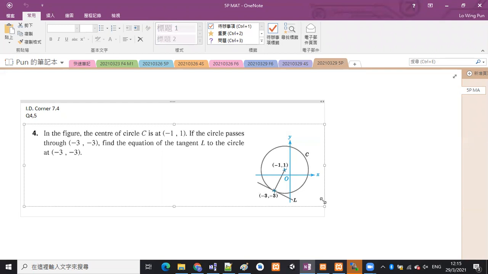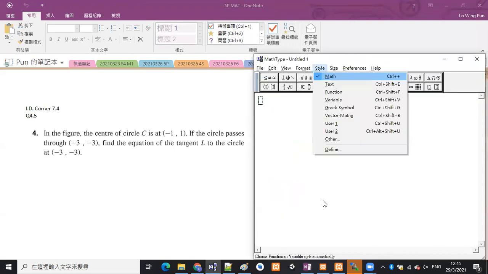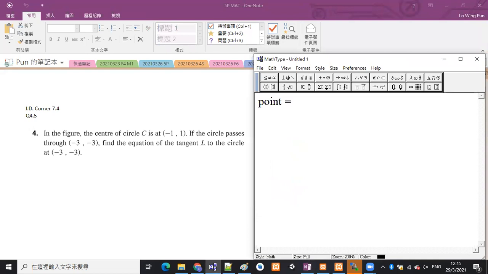It should be (-3, -3) because I want the point to be lying on L. We cannot choose the other point because it is not lying on L. So the point I am going to choose is (-3, -3).